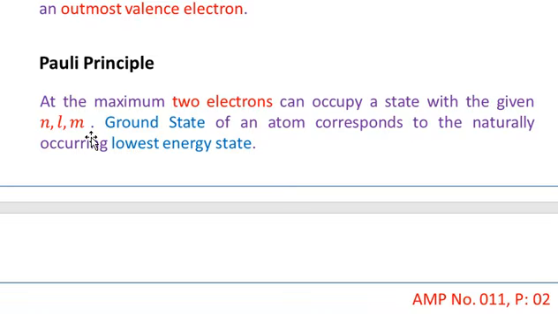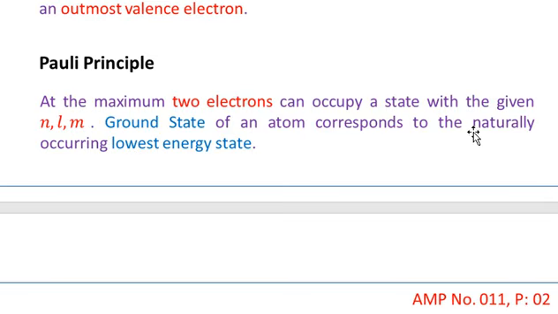It means that there is something with other quantum numbers: the spin quantum number will be included. So with that, two electrons can be accommodated in each of these states. If we forget about the spin quantum number at the moment, two electrons can occupy a state with a given set of principal quantum number n, orbital quantum number l, and magnetic quantum number m.